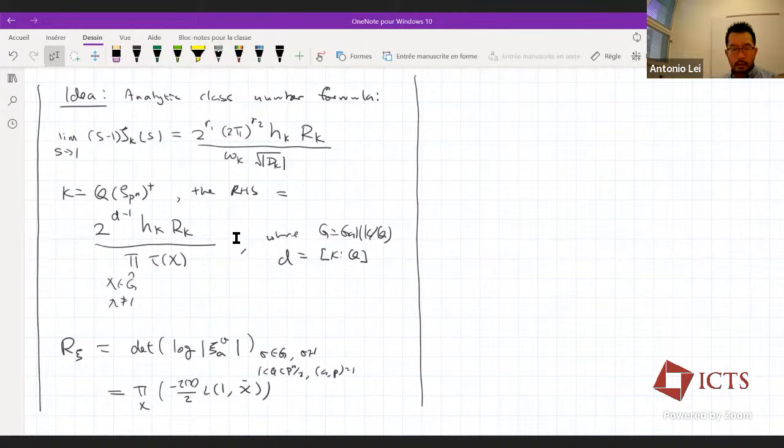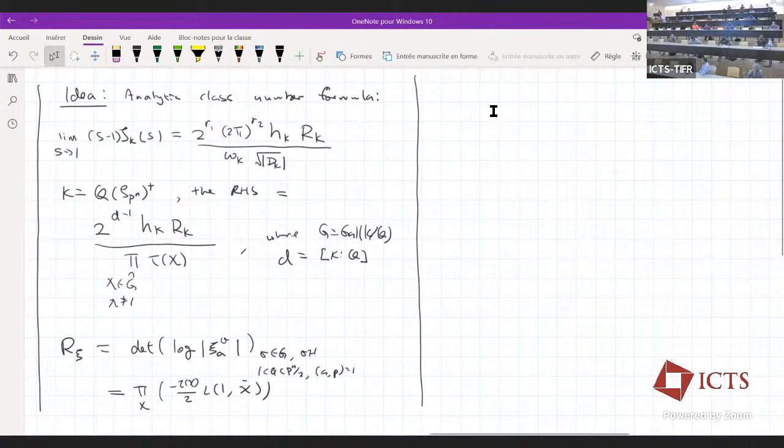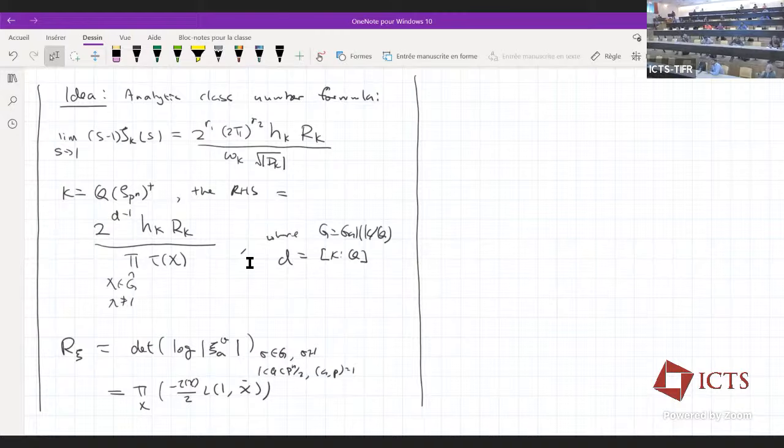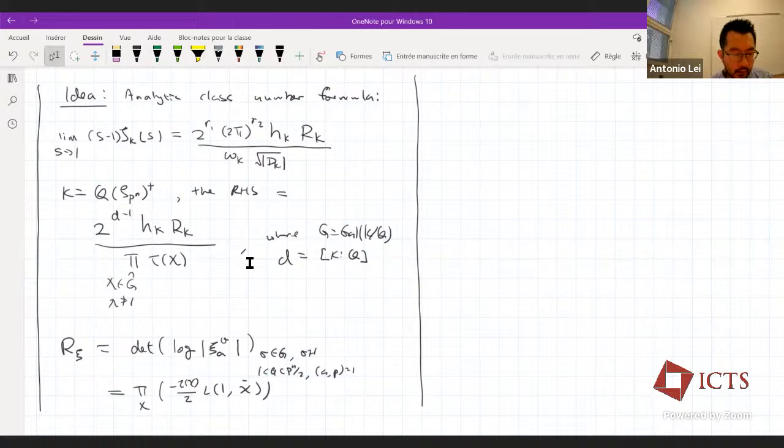Can I ask a question? Oh yeah, sure. Why do Gauss sums appear on the right-hand side? I would think that everything except for h_K and R_K are explicitly understood. Yeah, so I guess there's some formula relating the discriminant to this Gauss sum.